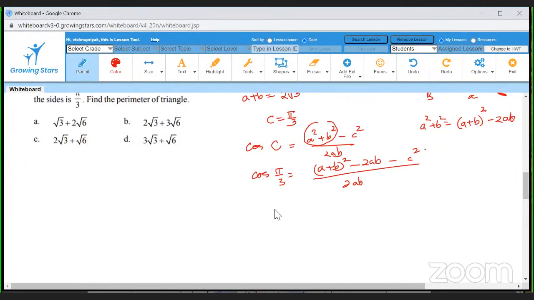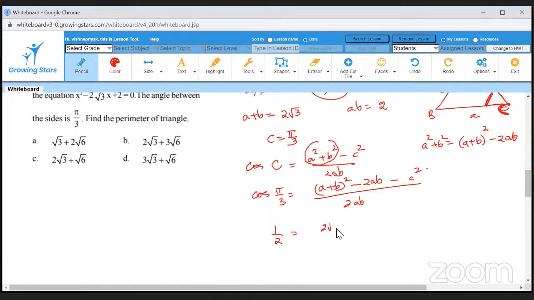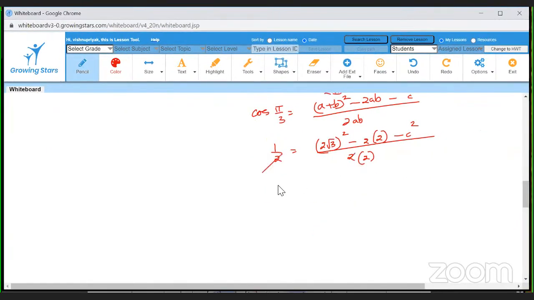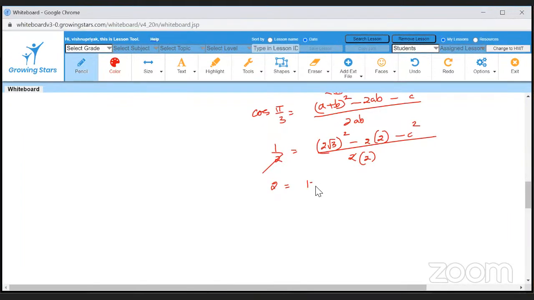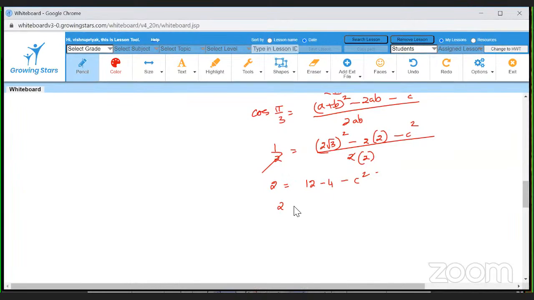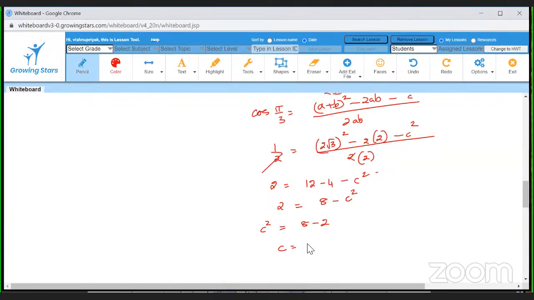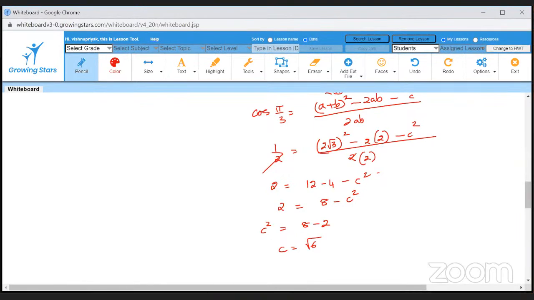What is cos pi by 3? 1 by 2. What is A plus B? 2 root 3, whole square, minus 2 into AB, which is 2, minus C square by 2 into AB, which is 2. So 1 by 2 cancels with 2, equal to 4 into 3, 12 minus 4 minus C square. So 2 equal to 8 minus C square. C square is 8 minus 2. C is square root of 6.